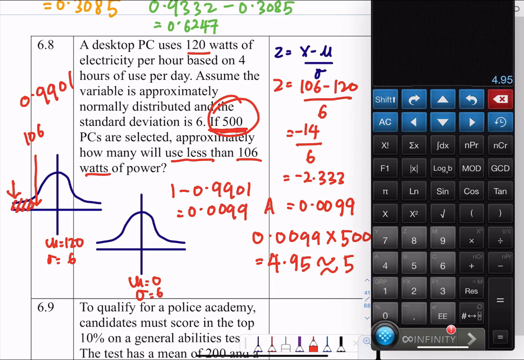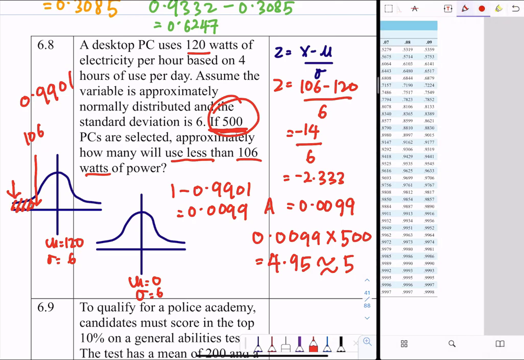There are 5 PCs that will use less than 106 watt of power. Once again, there are 5 PCs that use less than 106 watt of power. That's how to solve 6.8.